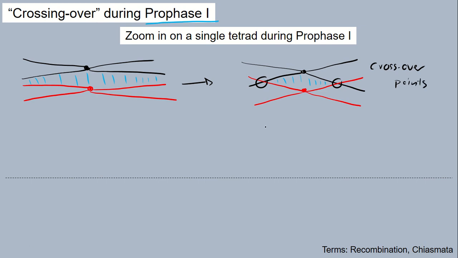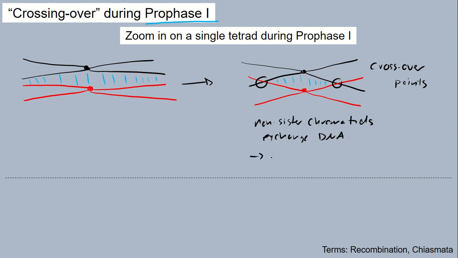These are important because at these crossover points, non-sister chromatids are going to exchange DNA. They're going to swap some DNA.